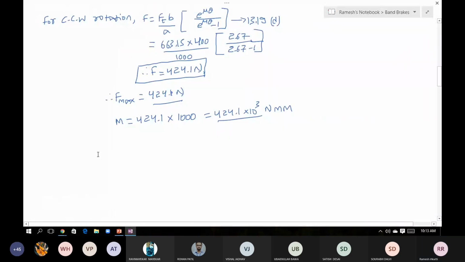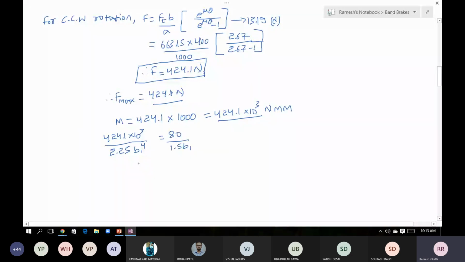Therefore the bending moment, 424.1 into 10 raised to 3, divided by the moment of inertia, which is calculated as 2.25 into B1 raised to 4, is equal to the stress, which is given as 80, and C is 1.5 B1.